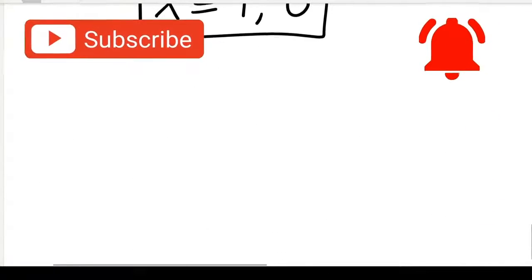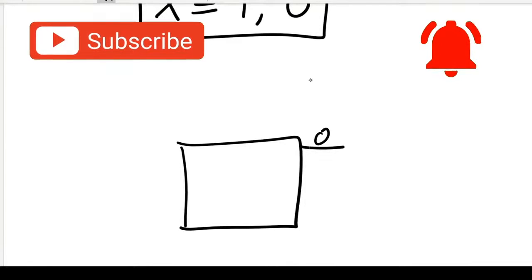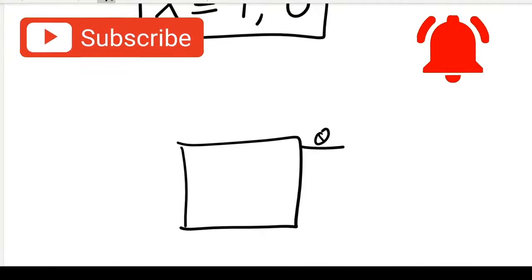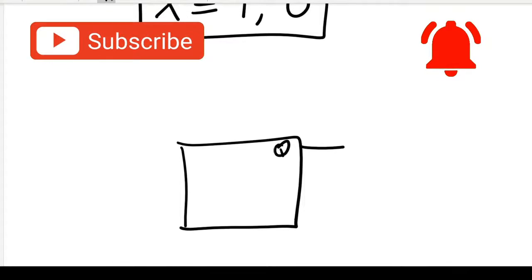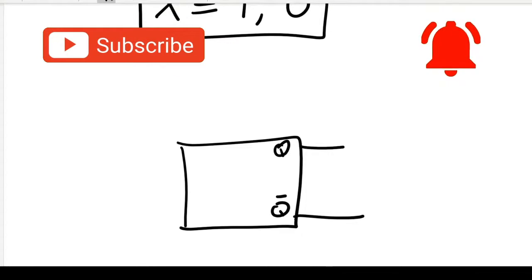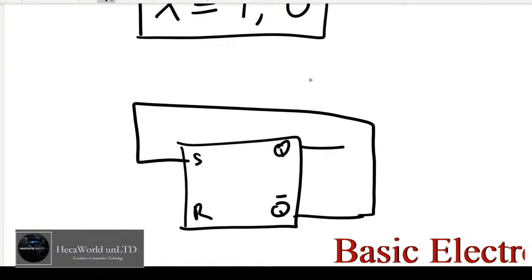So in this case, if you have this Q, you know what? I've been drawing this wrong because you put the labels inside, and then set reset. So you can do this.